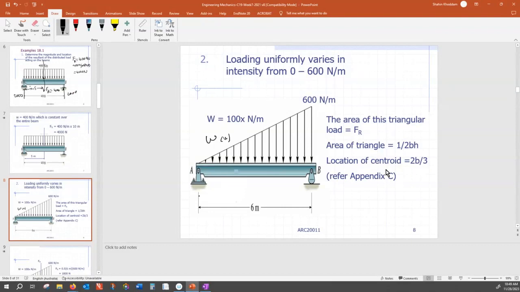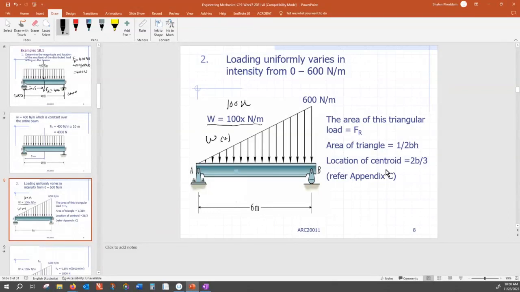Who can tell me what is the area of this triangle and what is the unit of that? Sorry, this is not properly written. That is 100 times x, not multipliable, this is 100x. So 100x means that at x equal to 0, w is 0. At x equal to 6, this is 600 Newton per meter.